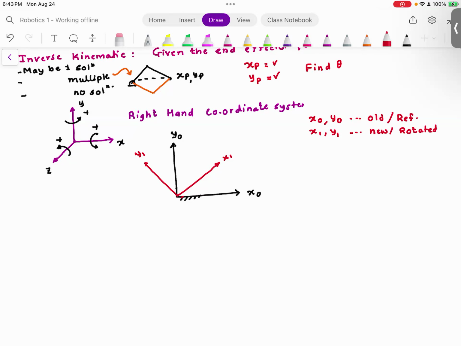Now this angle, I'm going to call this angle theta. And you agree with me, if this angle is theta, this angle will also be theta. You agree with me? Since XO and YO are perpendicular, these two are perpendicular.